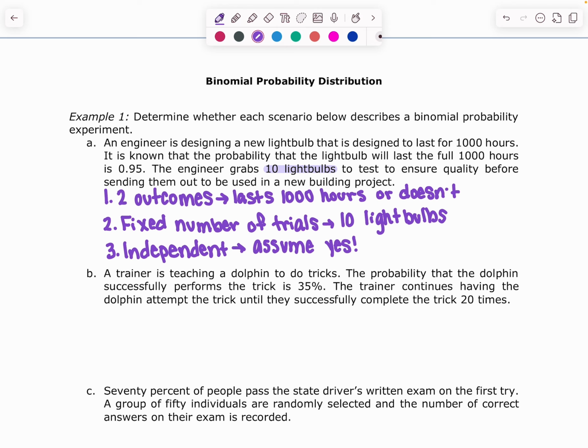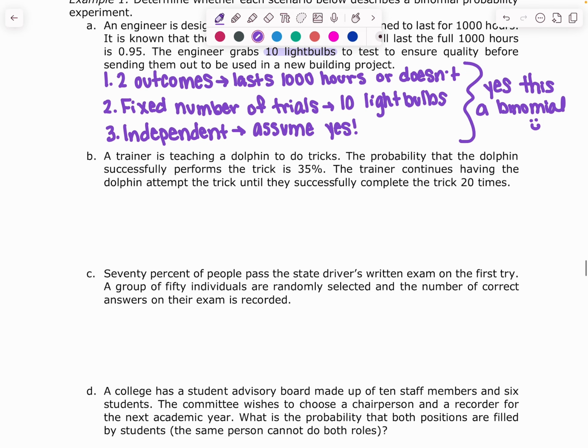But again, including the word random in here would have been a really surefire way for us to know that they were independent. But with all three of these things met, we can say that yes, this is a binomial. Yay!